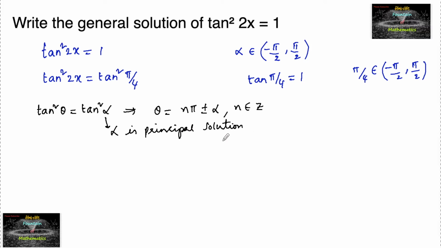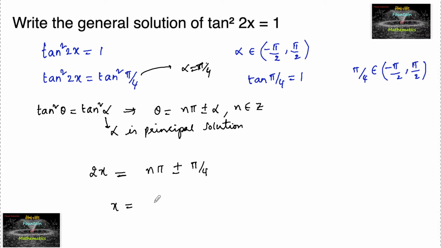In this case, alpha is equal to pi by 4, the principal solution. Therefore we can write 2x, which is theta, is equal to n pi plus or minus alpha, that is pi by 4.